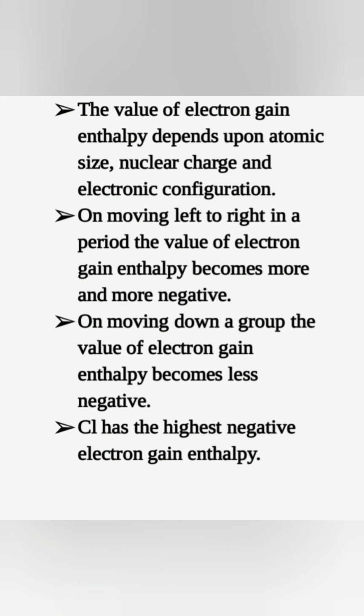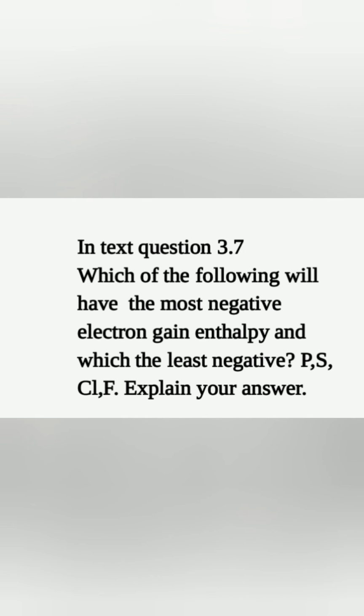Chlorine, atomic number 17, 2,8,7, has the highest negative electron gain enthalpy. All other parameters like atomic size and nuclear charge have to be considered to find the highest negative electron gain enthalpy. So chlorine has the highest electron gain enthalpy value. So electron gain enthalpy is the fourth periodic property.